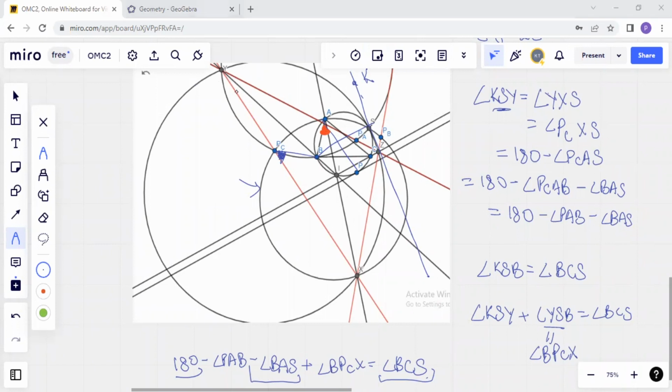That is quite easy. By reflections, with F the point we defined earlier on AB, this blue angle is equal to this blue angle. But because FP is tangent to the circumcircle of ABC, the blue angle is equal to the red.